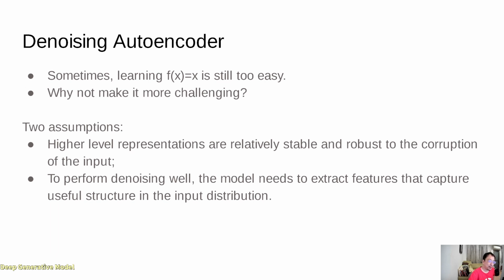The denoising autoencoder usually has the assumption that higher level representations are relatively stable and robust to the corruption of input. And if you want to perform denoising well, the model needs to extract features and capture useful structure in the input distribution.